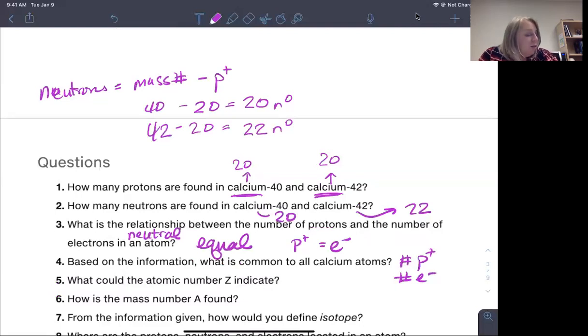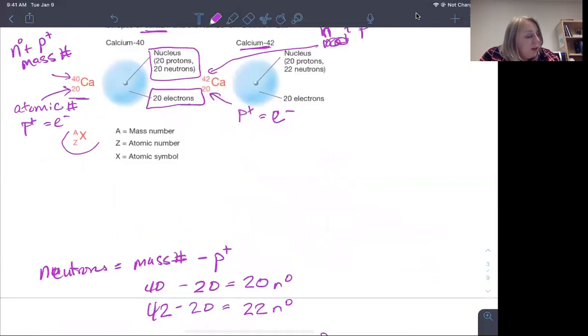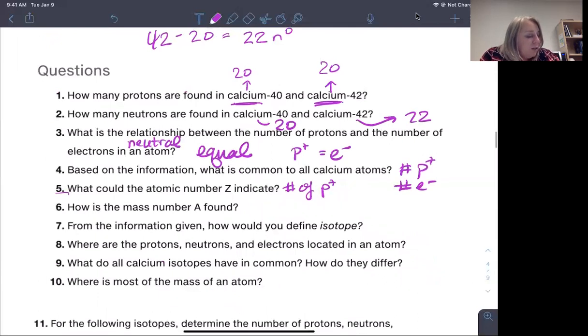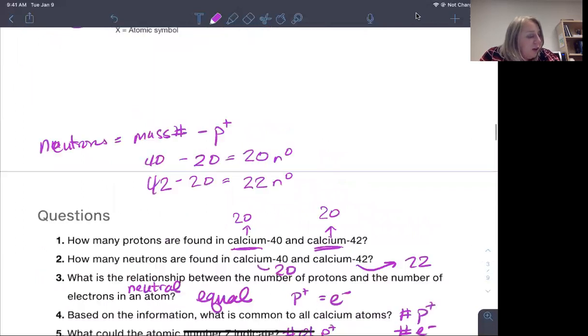All right, so now 5, what could the atomic number Z indicate? So here, what could that indicate? That could be our number of protons, right? Now, how's the mass number A found? Well, in general, we're saying the mass number is right here. And so in general, how do we find that?